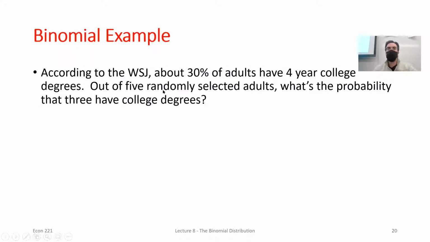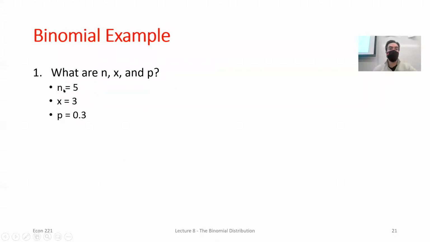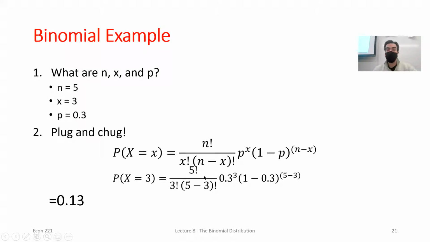So my n here, I'm asking 5 people, so I'm running this experiment 5 times. The number of successes I'm interested in is exactly 3 of them having a degree, and the probability any one of them has a degree is 0.3. So I'm looking for the probability x is equal to 3. I've identified my number of trials and my probability of success. At this point, it's just a matter of getting everything plugged in. Plug in n is 5, x is 3, and p is 0.3.